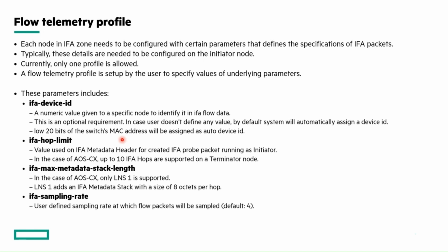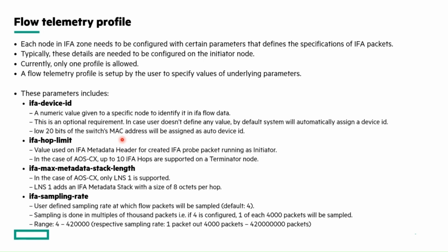Next, we have the sampling rate, which is a user-defined rate at which the flow packets will be sampled. This is a very important field that the user needs to configure. The default for this value is 4. Now the sampling is done in multiples of 1000 packets, which means if 4 is configured on the switch right now, one of each 4000 packets will be sampled.